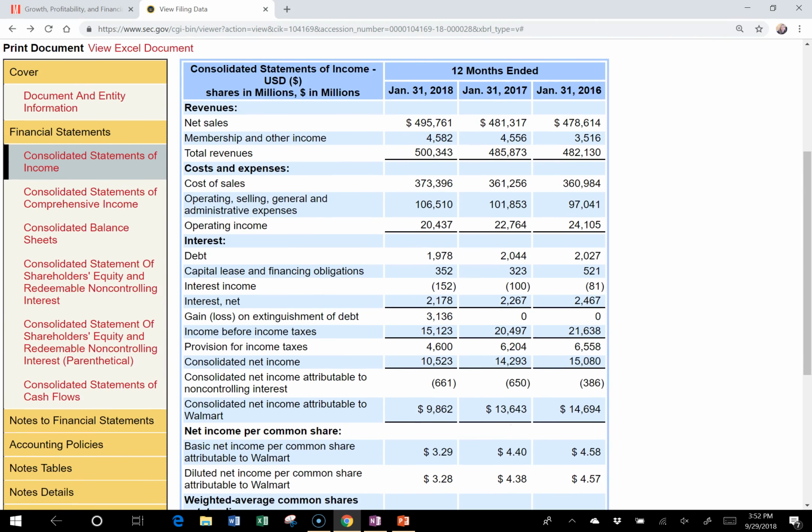Most recent year, and I see a couple different numbers. I see the consolidated net income, then I see that broken down into the net income attributable to the non-controlling interest and attributable to Walmart. What does that mean, you're probably wondering?